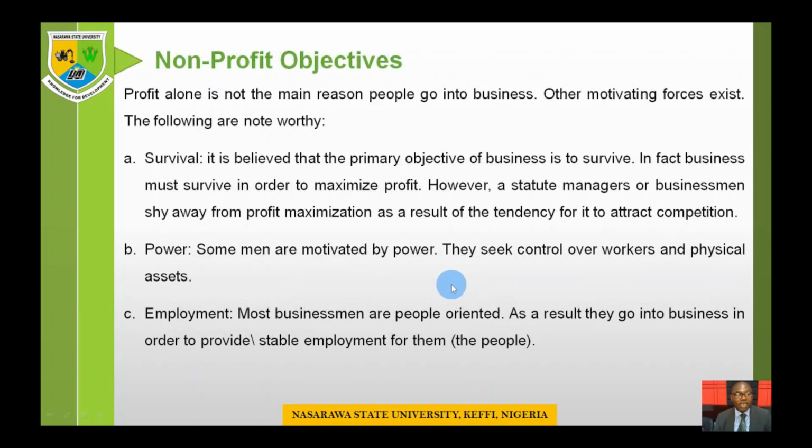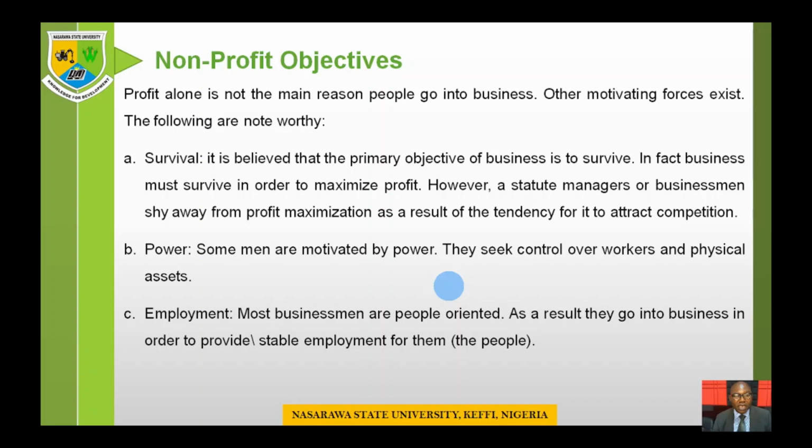So we'll quickly again look at non-profit objectives. Profit alone is not the main reason people go into business. Other motivating forces exist. The following are noteworthy. A. Survival.